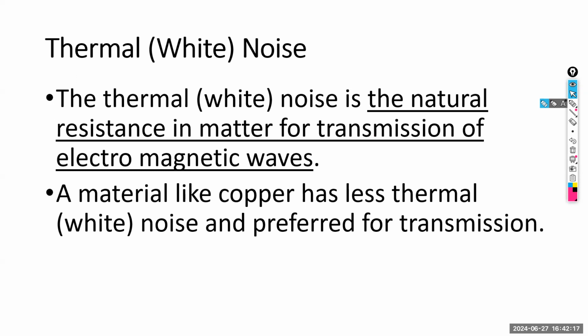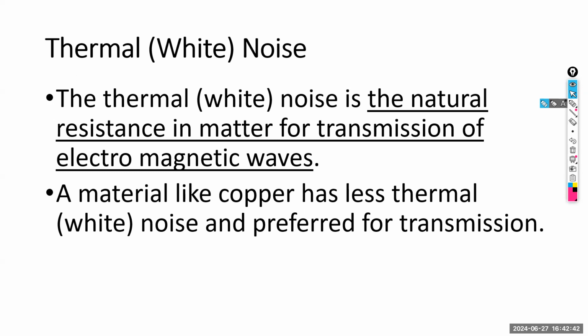And for electronics also, the good news is copper has relatively less white noise. That is why for both electrical and electronic things, we use copper. So copper has low electrical resistance as well as relatively low thermal or white noise, the resistance to the propagation of waves.